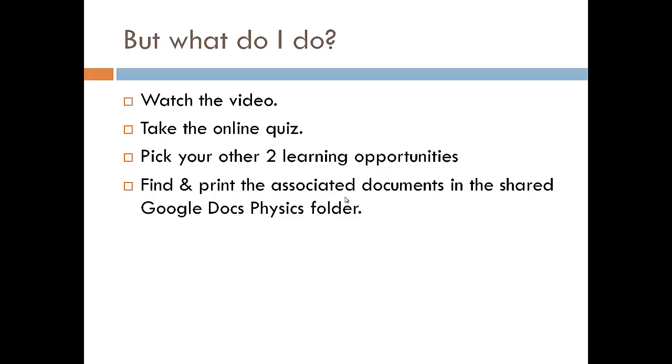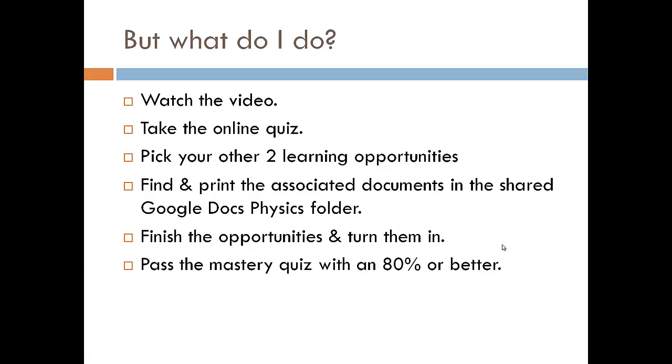So you go to the unit and to the skill objective, get the documents that you need and print them out, finish them, turn them in. When you're comfortable with the skill and you think you can pass the quiz, come up to me and ask for it. I'll give you the quiz, you take it, I grade it right then, you'll know whether or not you passed. And then you can move on to the next thing, the next skill objective or the next project or lab or whatever is next in our list.